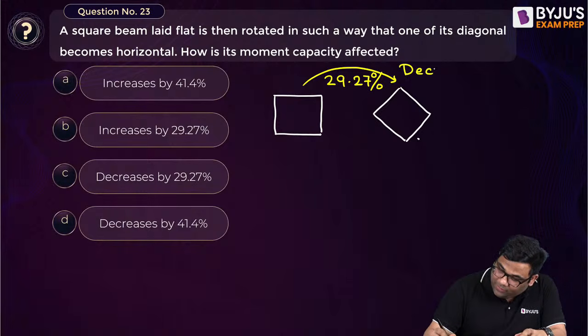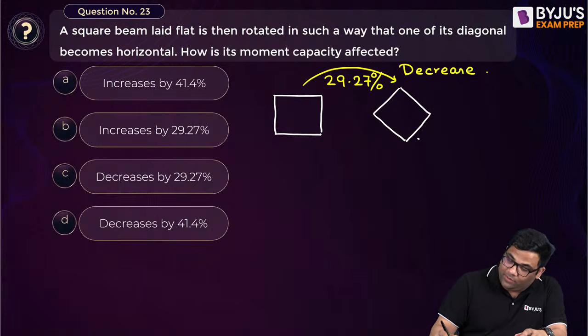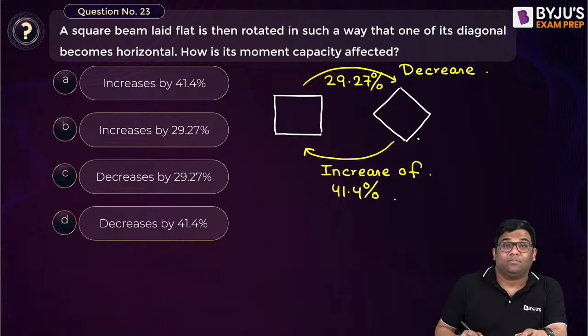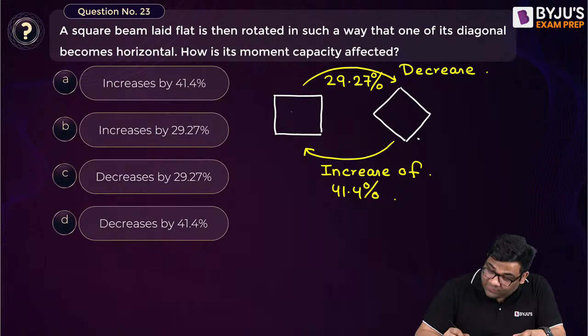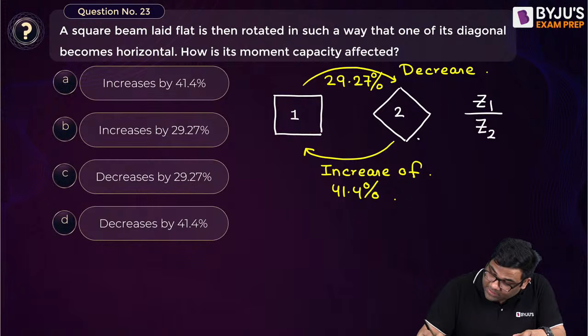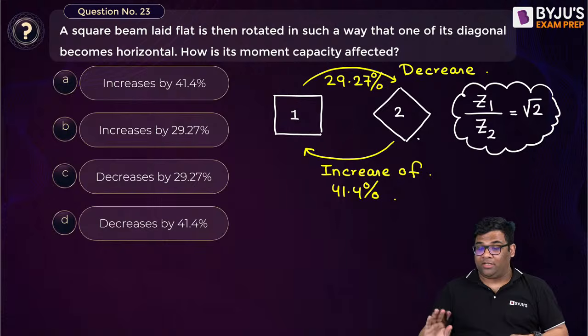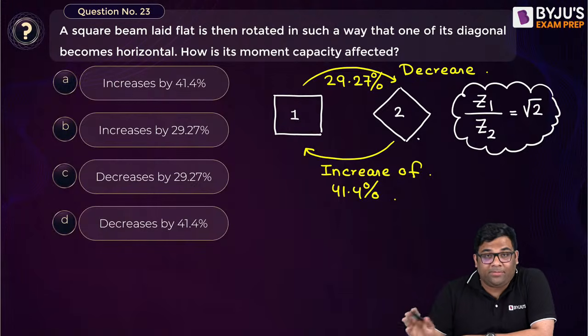Going from here to here, there is an increase of 41.4%. And suppose this is case one, this is case two. Then Z1 by Z2 is root 2. Right? Everybody got the conclusions and what to remember for the examination?